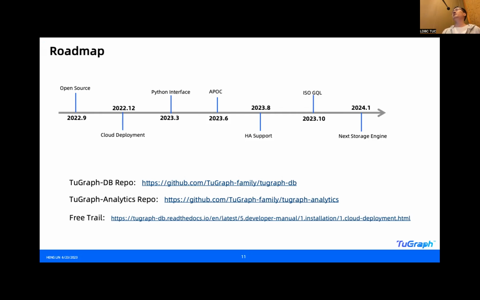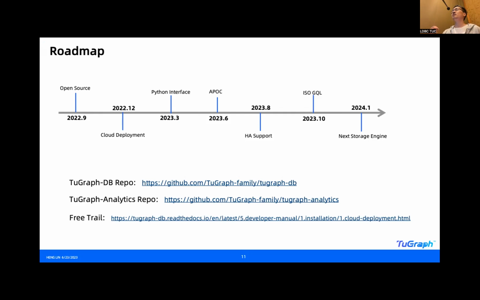In the following, we want to do HA, which is high availability support. We are not planning to do sharding, but we think high availability is also important. And in September or October, we will do the ISO-GQL.